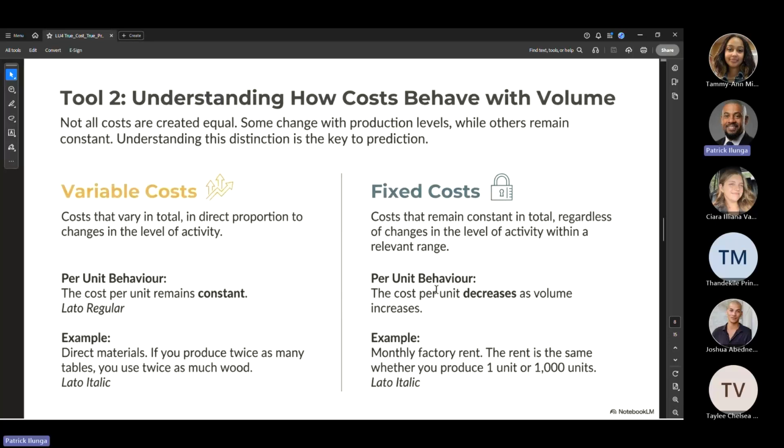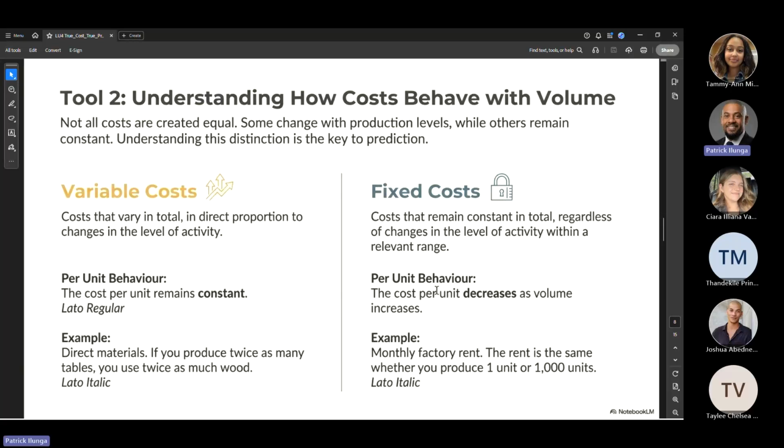Because if I need to analyze that cost per unit, I will take the number of units that I've produced. Do you see that? The example will be, let's say I'm paying a rent of 10,000 rand and I'm only producing 1 unit. So I will divide 10,000 rand by 1.